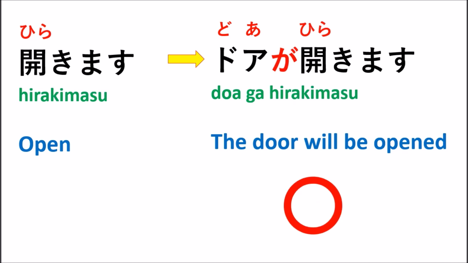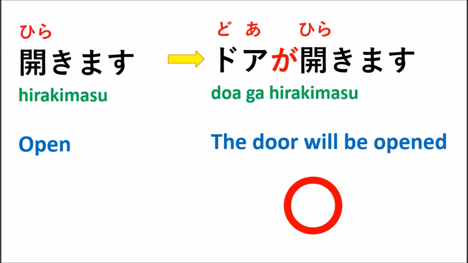And next we will see the verb hirakimasu. Hirakimasu and akimasu use the same kanji. But you have two readings, you can read it like hirakimasu or akimasu. But when you use them, you should be careful of the difference.